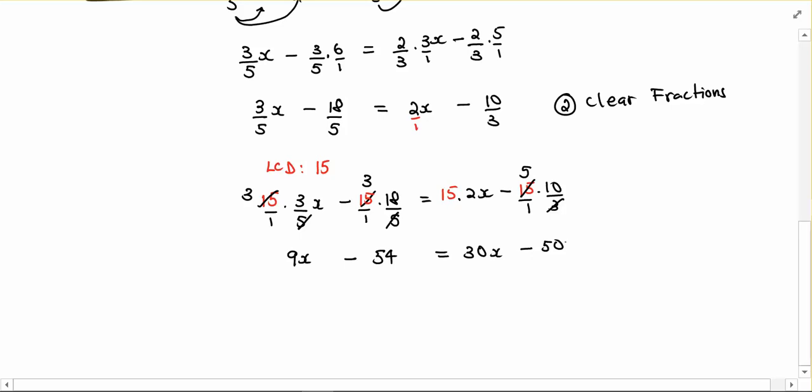Okay, so now that I've distributed and cancelled the fractions, the next step, of course, is to get my variables to one side.